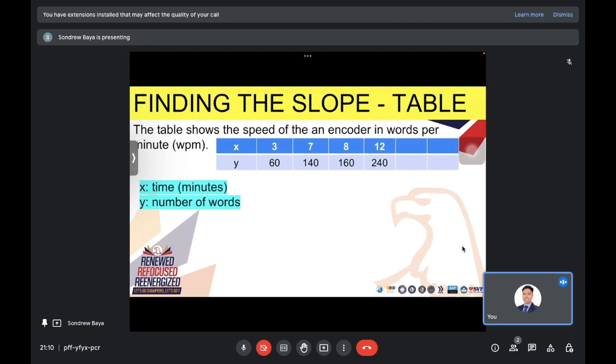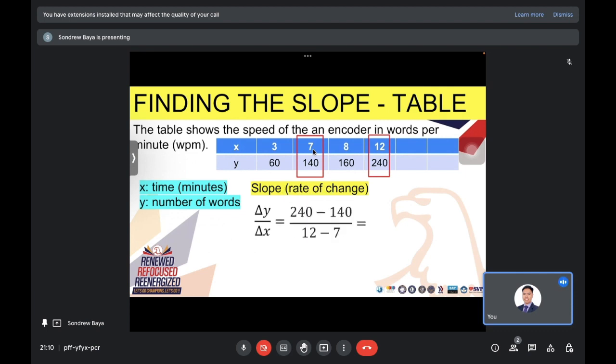And for us to solve for the slope, we need to choose 2 points on the table of values, any 2 points. So let's choose these points. Then we find the change in y, current minus previous, divided by the change in x, current minus previous. So change in y over change in x is just equal to this, which gives us 20.